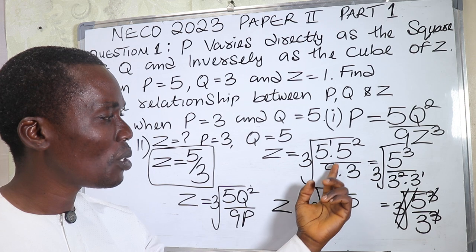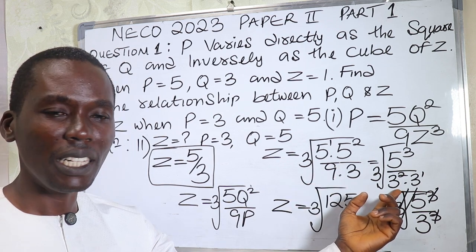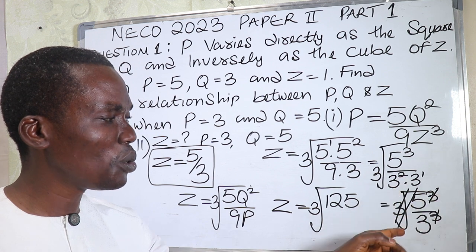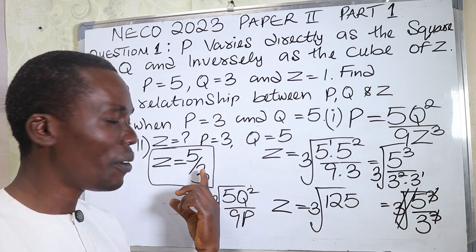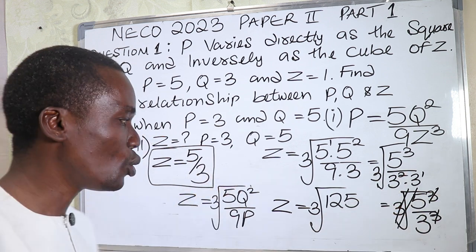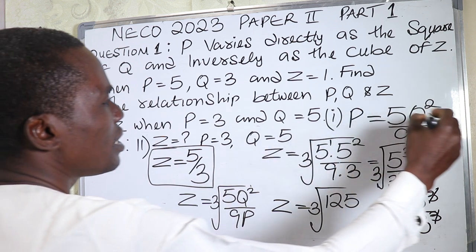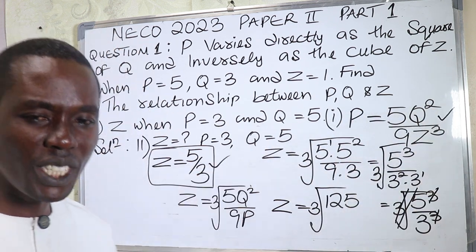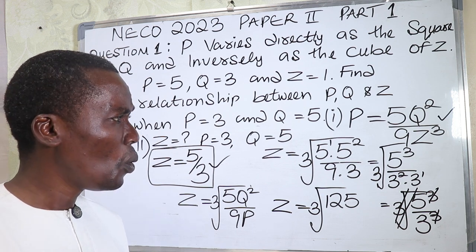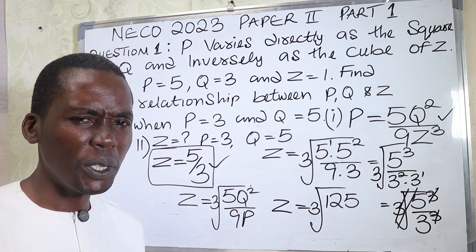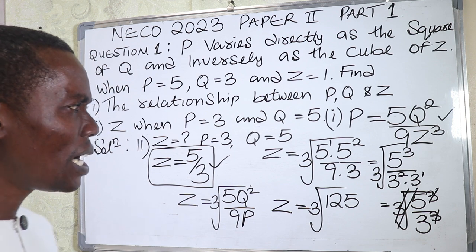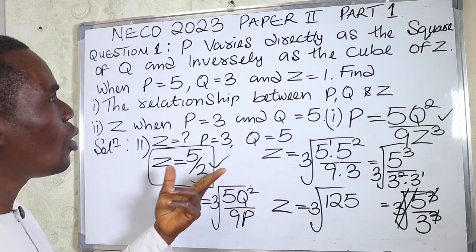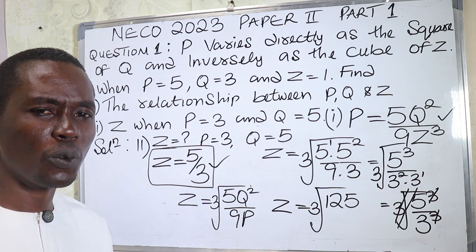And you have 3 to the power of 2 which makes 9, and then you have another 3, that is 3 to the power of 3. When the cube root clears the cube, our result will be 5 divided by 3. So the result we'll have is this for A, and then this. Very easy. So when you're given a question under variation, feel free, take your time, look at the question very well, and logically think about how you can bring a solution to that question.